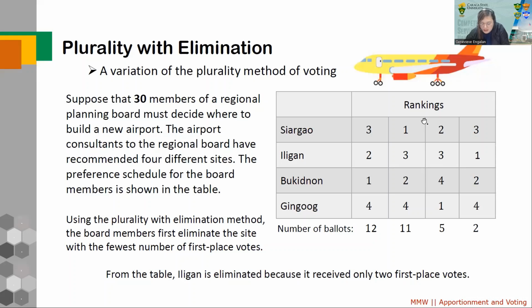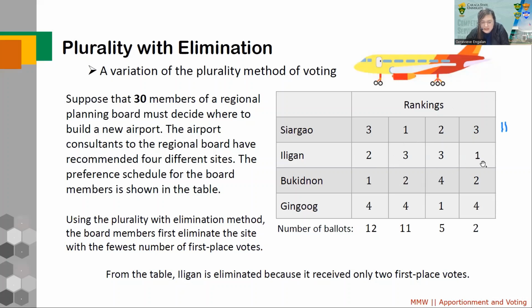So si Siargao, pila ka buok ang nag-vote sa iya og number 1? Isa? 11 na sila ka buok, class. 11 sila ka buok nag-vote nga si Siargao ang first. Gets ninyo? Then, 11 ka buok ang nag-vote nga si Siargao kay ika-first.